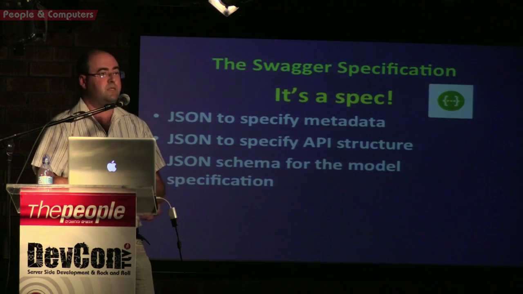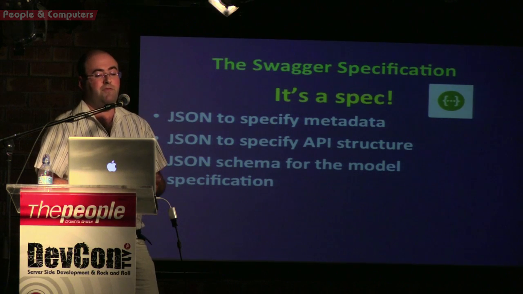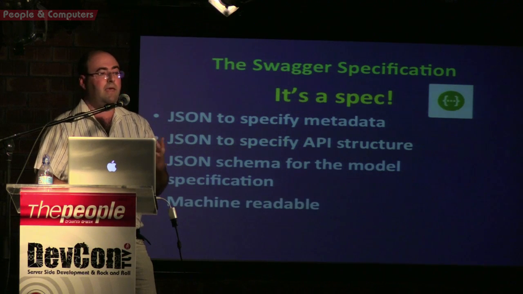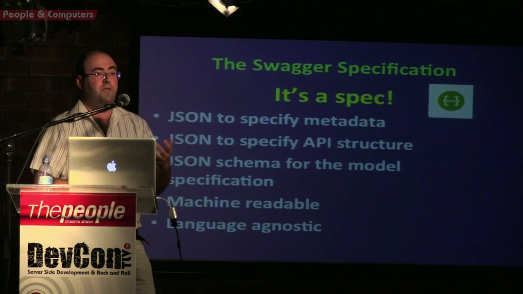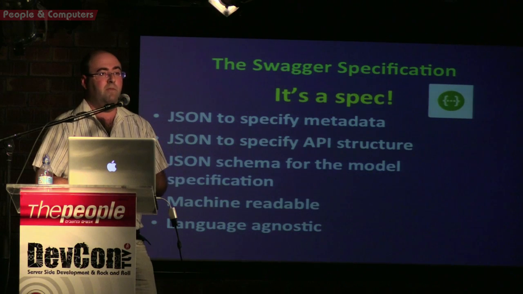So Swagger uses JSON Schema to specify a model of the APIs. The fact that the Swagger specification is built around JSON makes it machine readable and also language agnostic. You know, these days every framework, every language is capable of dealing with JSON.